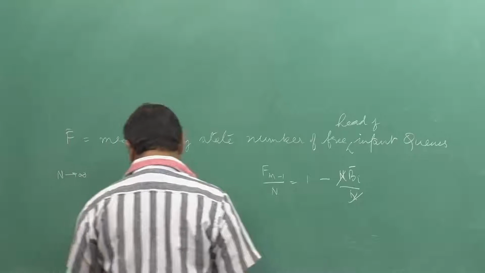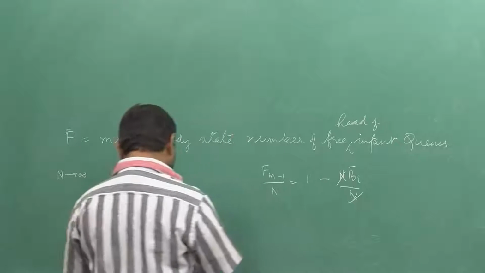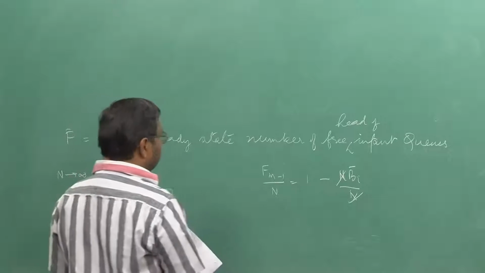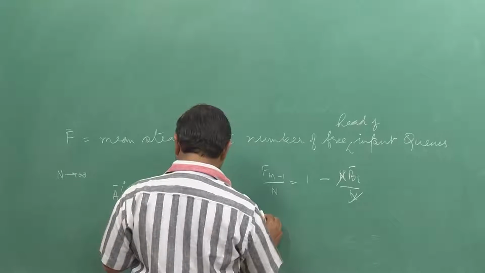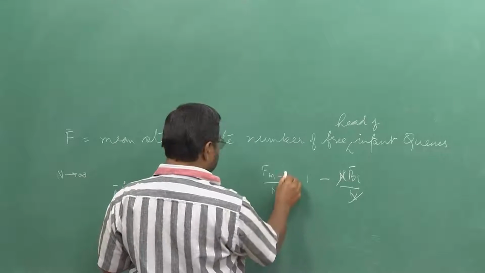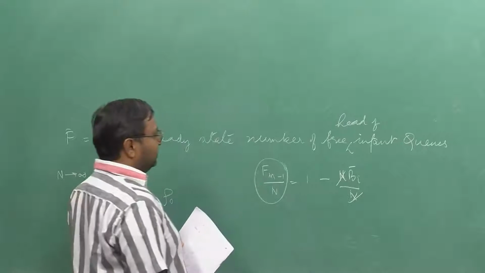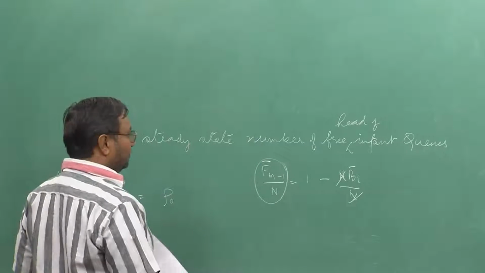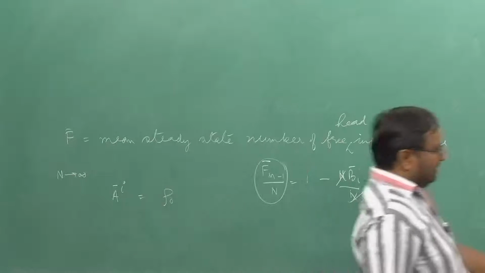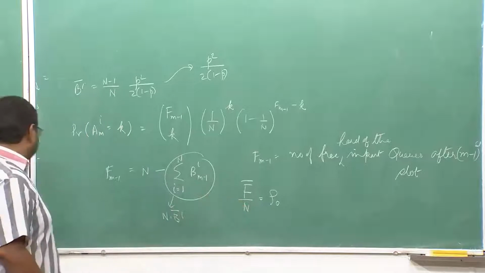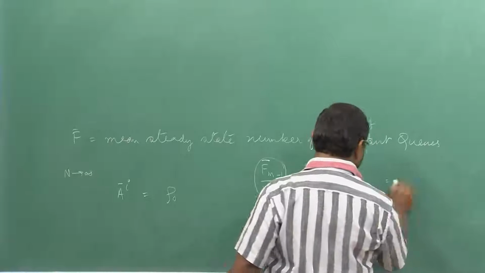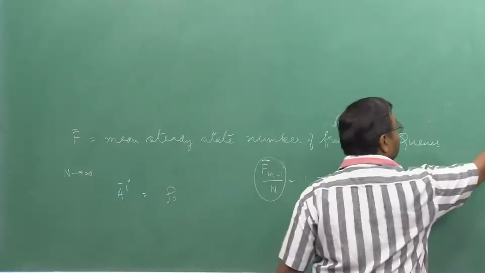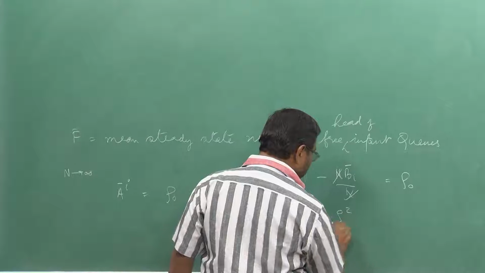So I can write down the expression, and of course, on an average basis when I am doing averaging f bar by n, this value turned out to be rho naught. F bar by n is rho naught, I have already estimated. So this will be rho naught, and 1 minus, I am taking the q from here, it will be rho square by 2.